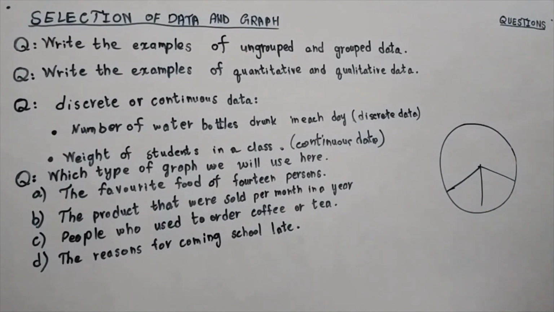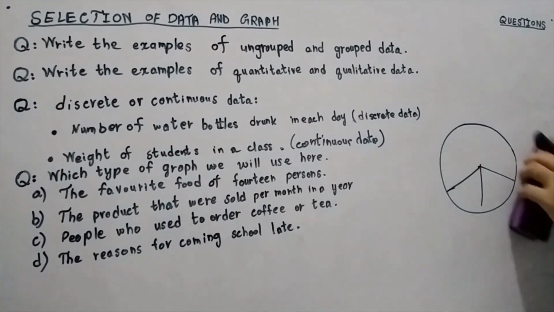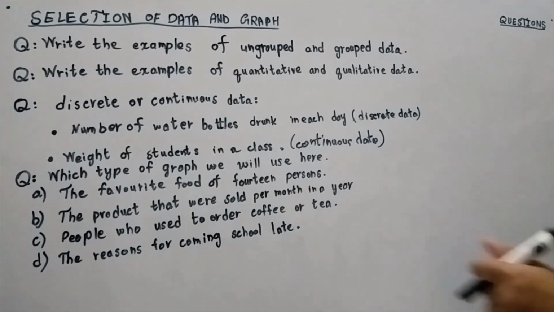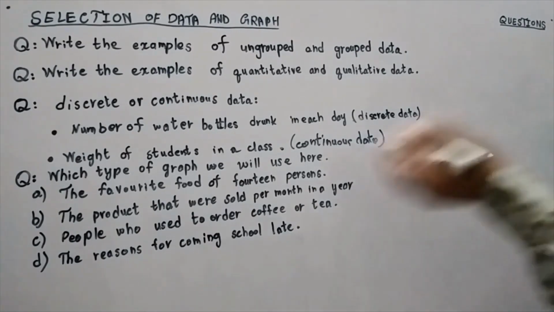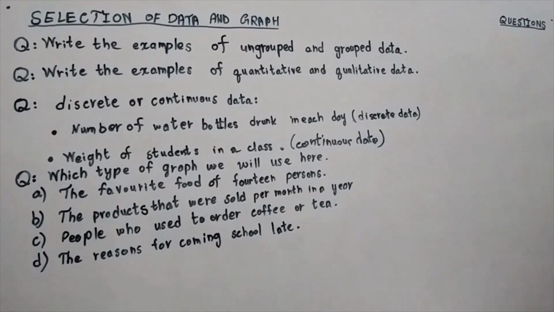Clear? So if we do some comparing, we can use a pie chart. Now in our part B, the products that were sold per month in a year.